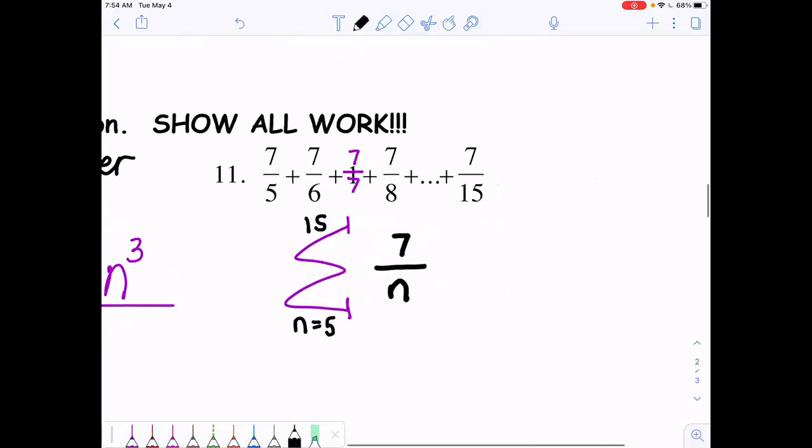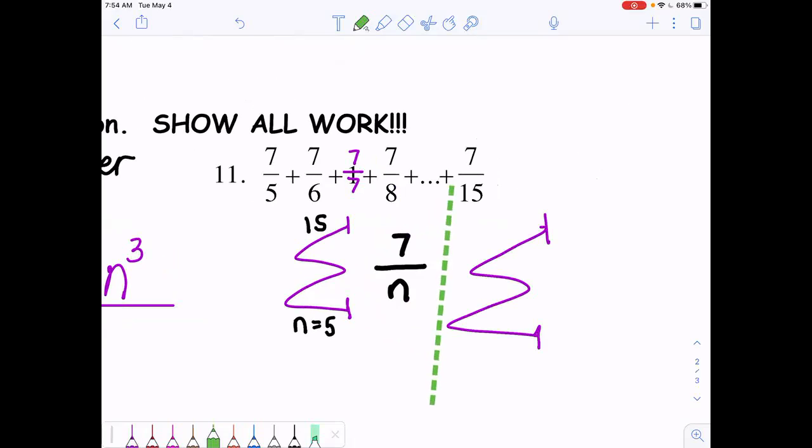So we could write another one. Put a little dotted line down here. 7 is always in the top, but then you could say, well, maybe I want to make it n plus 4, because 1 plus 4 is 5.